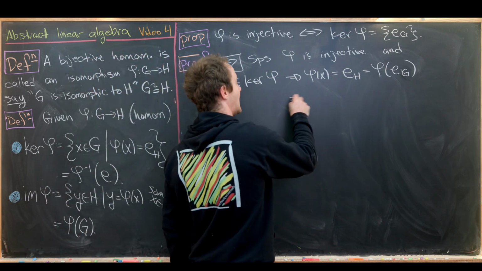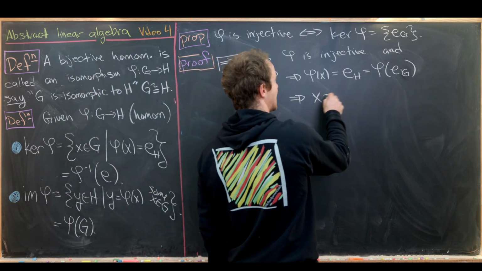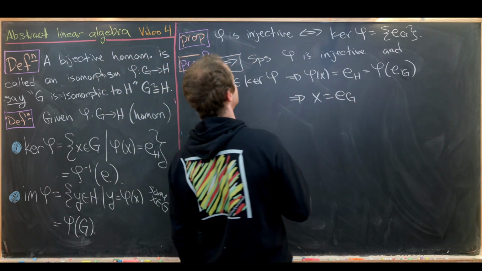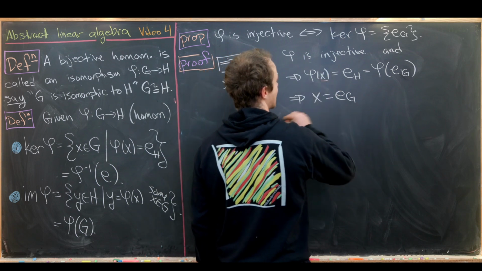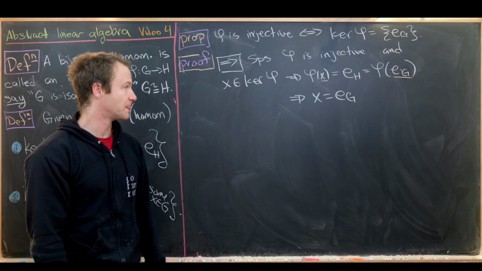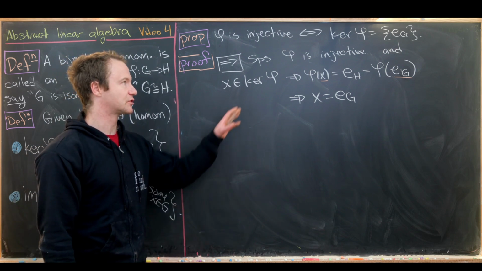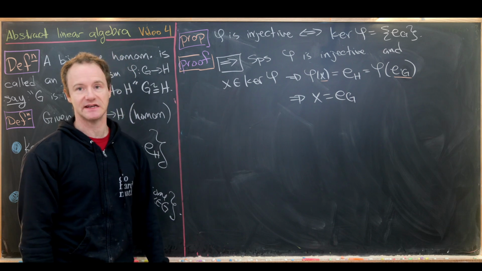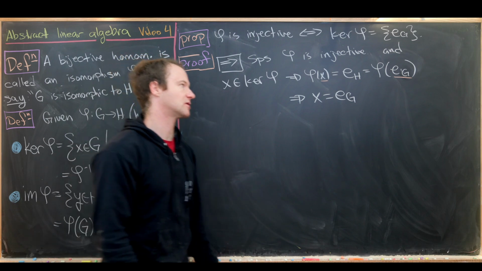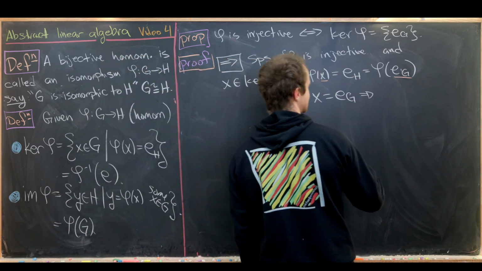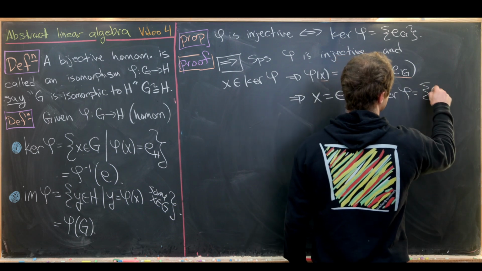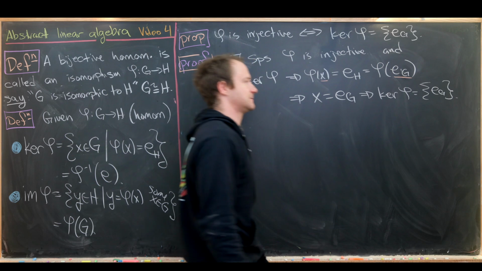But now we can apply injectivity to say that X is equal to E_G. So just to reiterate, injectivity tells us that this X is equal to this E_G. We can basically just forget about the phi there. But that's exactly what we need to prove that the kernel only contains the identity. We try to get something else in the kernel, and we end up with that kernel is really just equal to this identity element. So that's where we end this. The kernel of phi is really just this identity element.